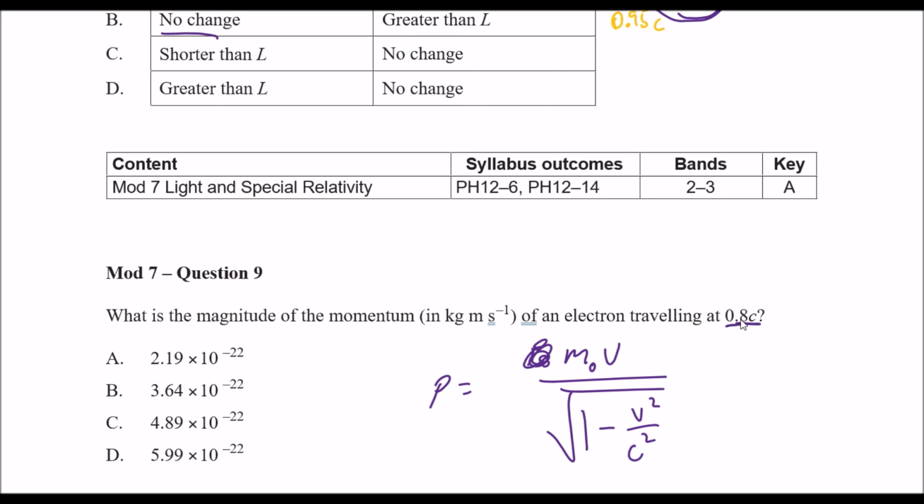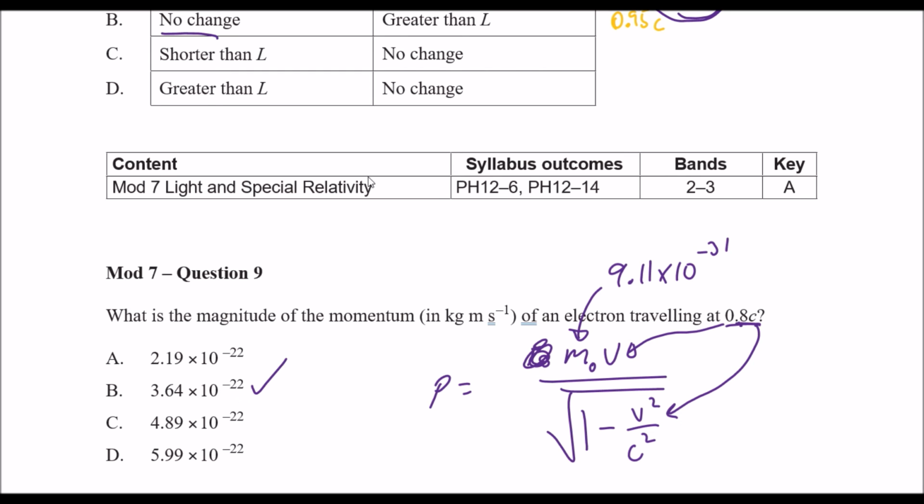So we can plug 0.8 c into this formula, and then we can write the mass of the electron, which is 9.11 times 10 to the power of minus 31. If you plug that into your calculator, you will get B as your answer.